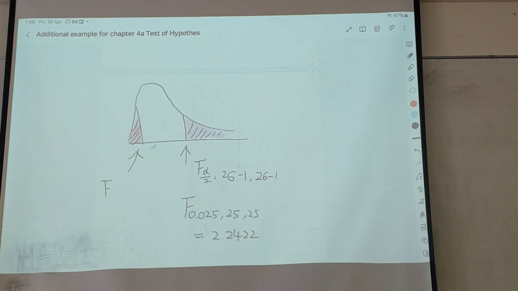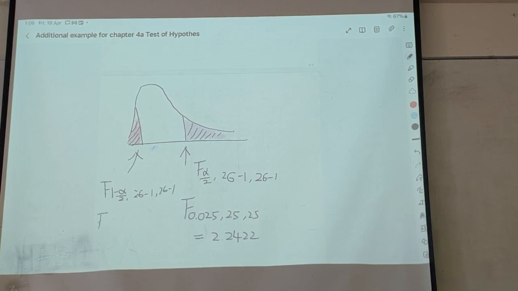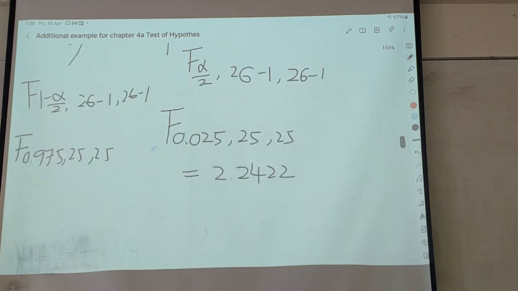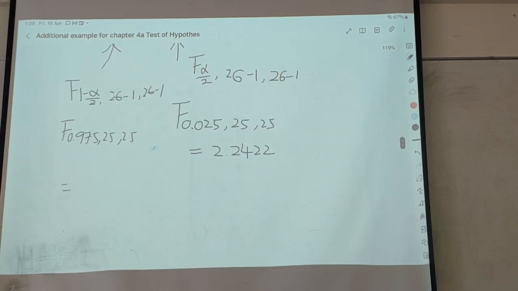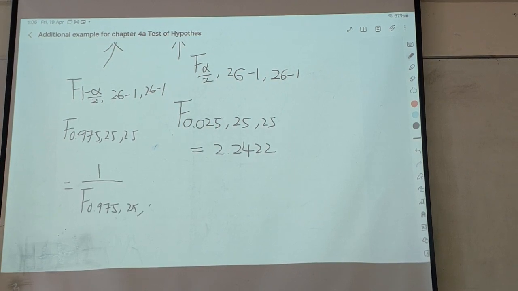It is F 1 minus alpha divided by 2, degree of freedom 26 minus 1. So we get F 0.975, then we have 25, 25. Do remember, we could not get this value from the table. So what should we do? 1 over. We use 1 minus F 0.975 and 25, 25.